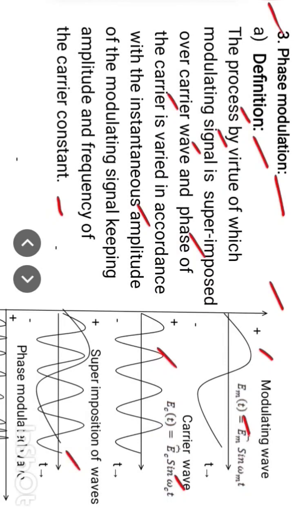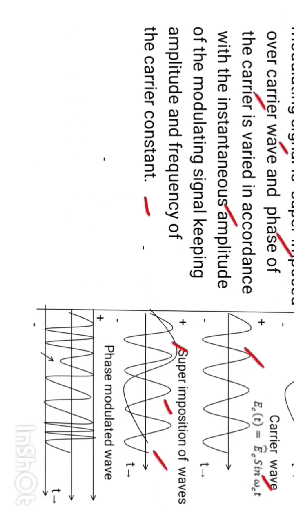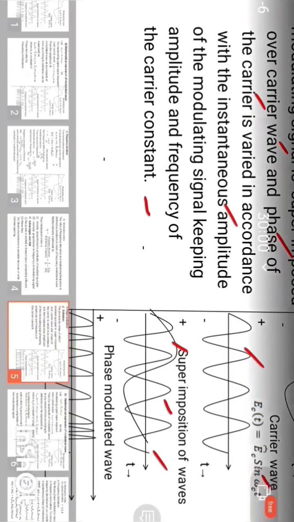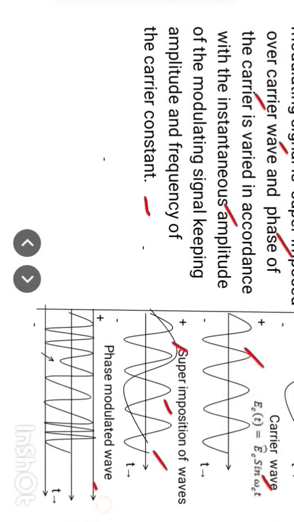Here the two are superimposed over each other. So this is carrier wave and this is modulating wave. Now this is the phase modulated wave. Here you can see there are two types of changes that we can observe.